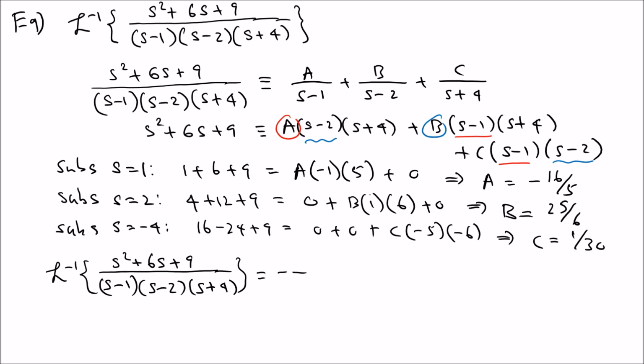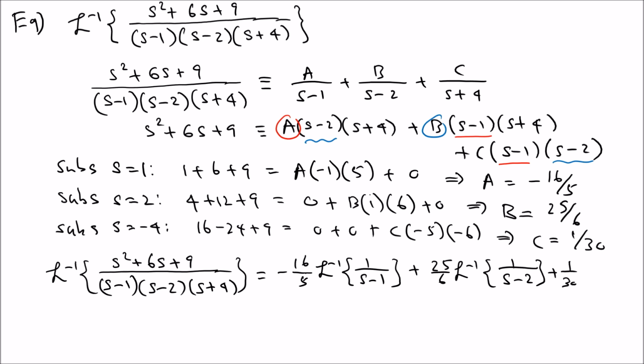So the constant is 16 over 5 L inverse 1 over s minus 1. b is 25 over 6 L inverse 1 over s minus 2, plus 130 L inverse 1 over s plus 4.